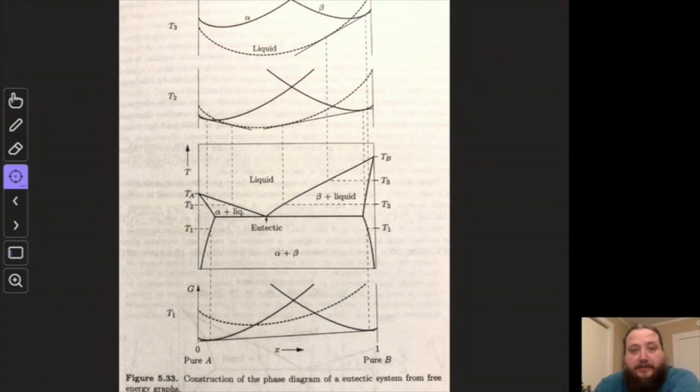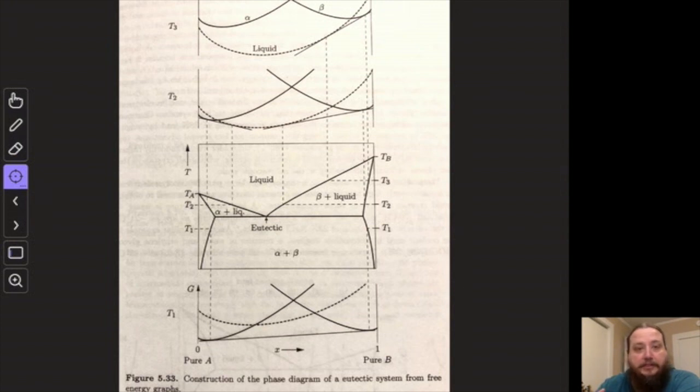For concreteness, in this diagram again we've assumed that substance B has the higher melting point than substance A does, and again, just like we saw with the liquid and the gas diagram, as the temperatures drop, all of these curves increase upward.